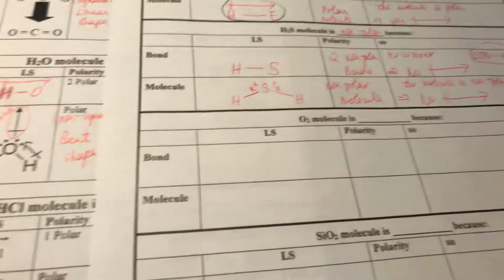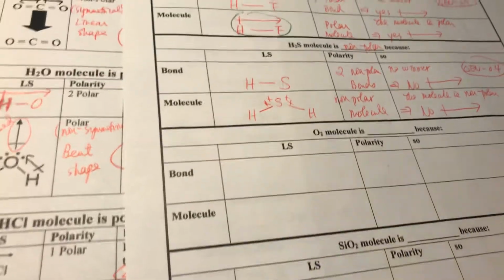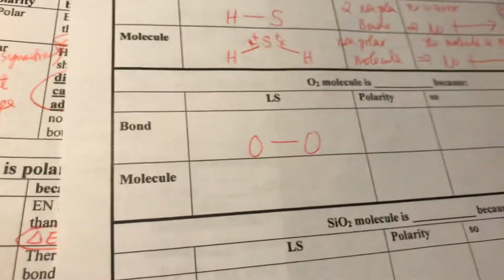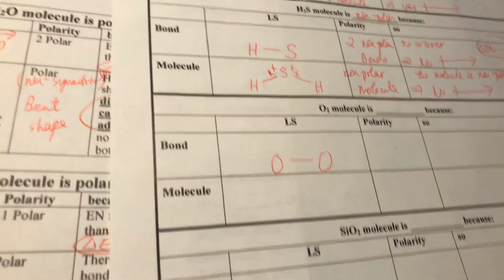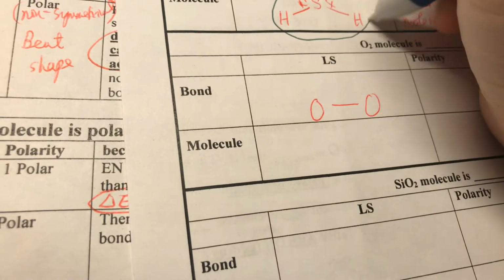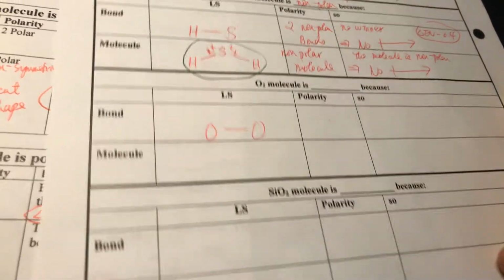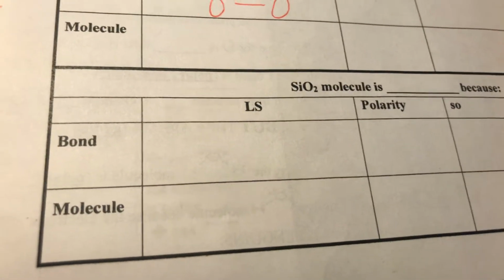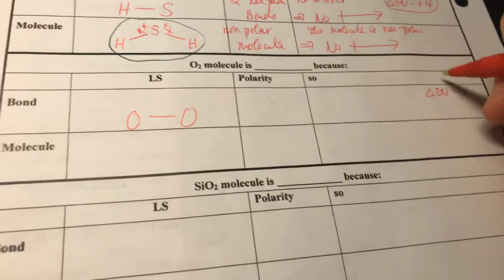So the H2S should be nonpolar. Right? Now, next one is O2. So for O2, the only bond you can have is just the oxygen. I forgot to draw the circle here. So this is my non-polar molecule. Now O2. If you find out the delta EN, obviously, delta EN is 0.